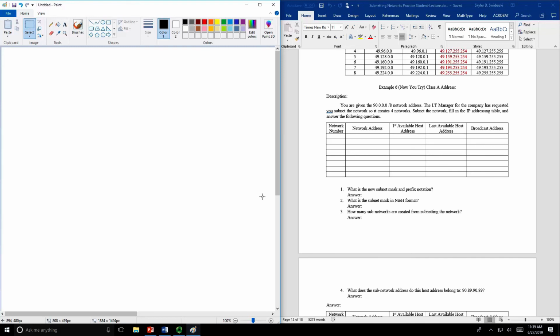All right, well, I hope you filled out the IP table and did the questions accordingly. So we are given a Class A network here, and the base prefix notation. So we know that the subnet mask would be 255.0.0.0, and in this case we'll only be creating 4 networks.